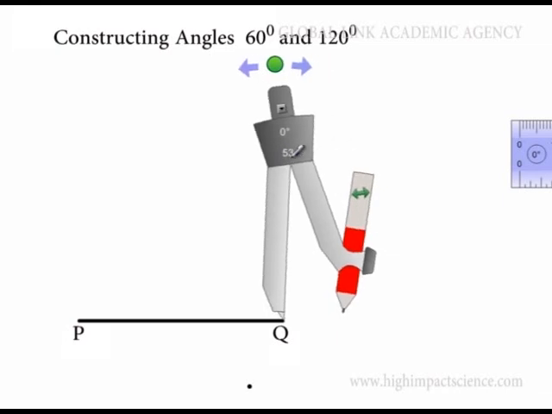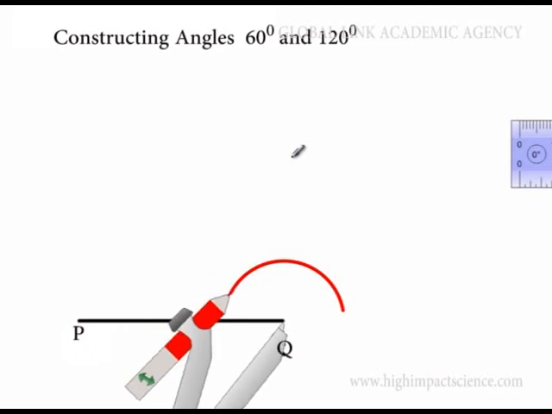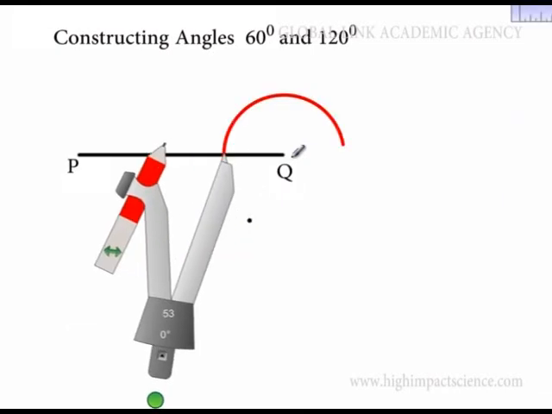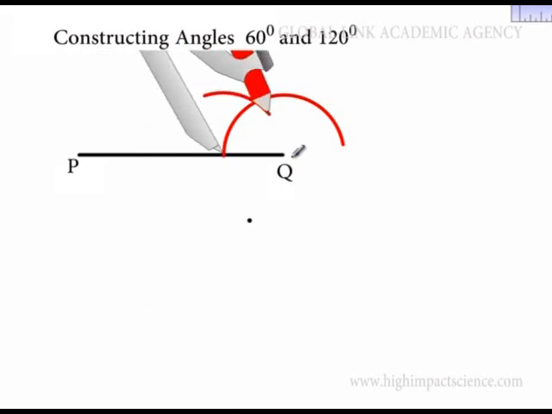So here is the line segment PQ, and I want to construct an angle of 60 at Q. So I place the compass at Q and swing an arc to cut the line PQ. Now, maintaining the same radius, I place the compass at this point and again swing an arc to cut the first one.